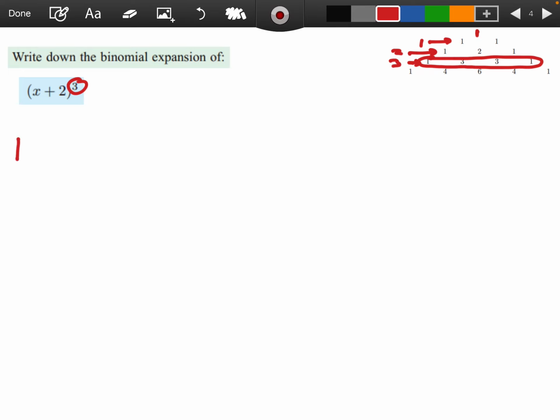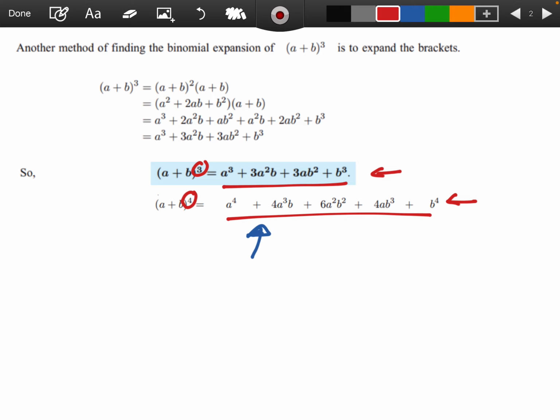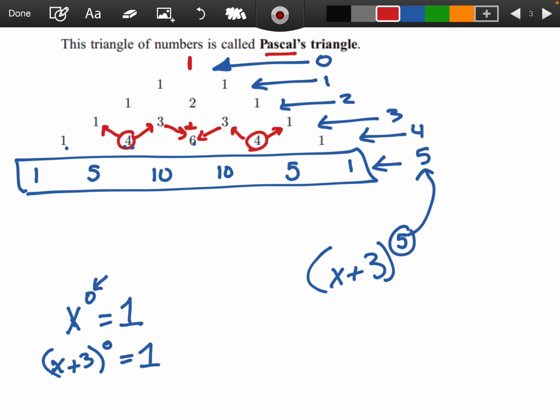I'm going to write down 1, 3, 3, 1, and I'm giving a significant amount of space in between because those numbers become the coefficients of my terms in my answer. You can see that in here: there's a 1, a 3, and an unwritten 1 when it is to the power of 3.